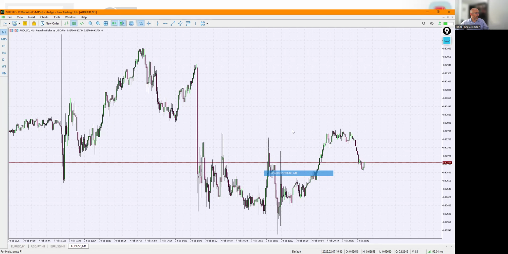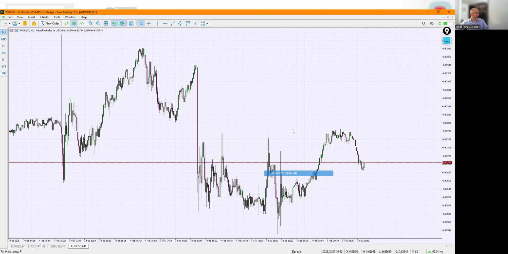In the 1 hour chart, I'm going to set my exponential moving averages. I like to work a lot with 200, 144, and 50, right? So how do we do it?